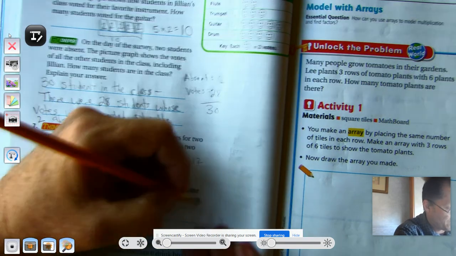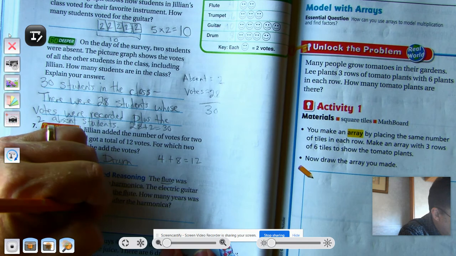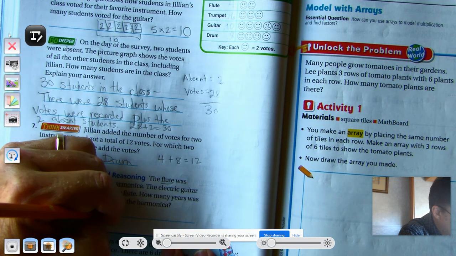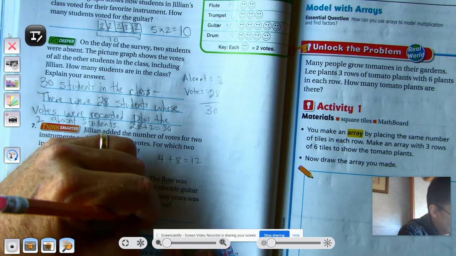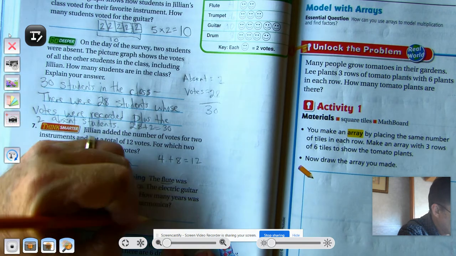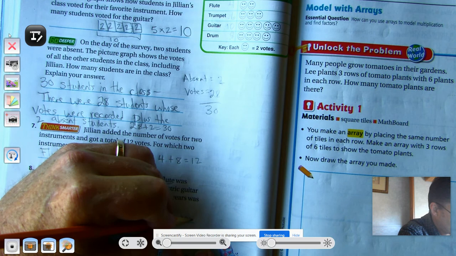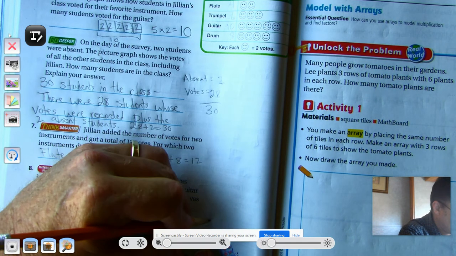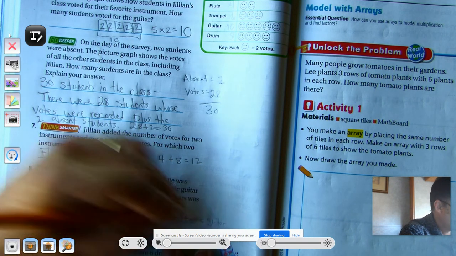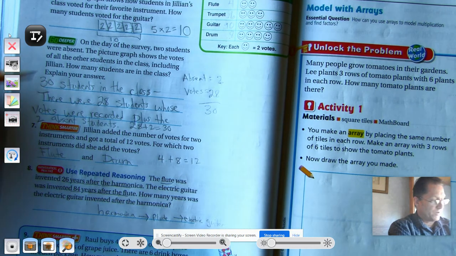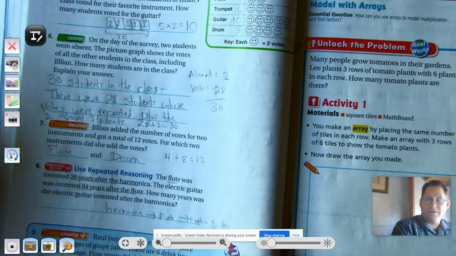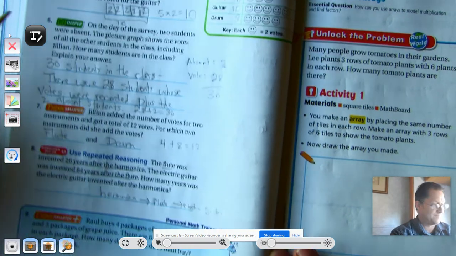So, in a sense, let's think of a timeline here. We have harmonica was invented first, then came the flute, then the electric guitar. So we don't really need to know when the harmonica was invented.